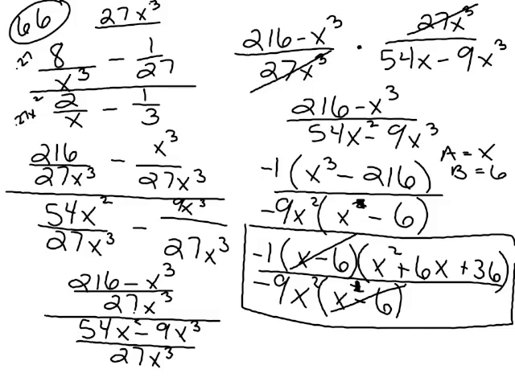The double negatives will cancel. So my final will be x squared plus 6x plus 36 over 9x squared. Okay.